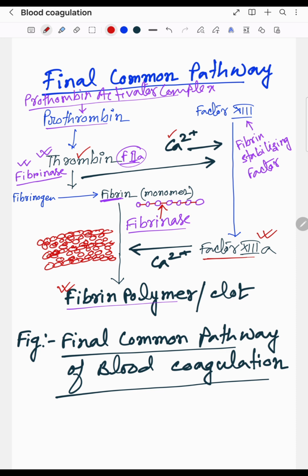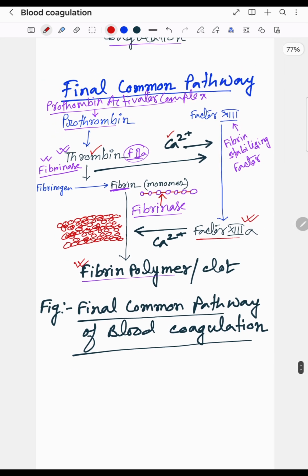Again, thrombin helps in the conversion of fibrinogen to fibrin, and also it produces fibrinase enzyme. What happens? Fibrin to fibrin polymer, and this bond is formed by the enzyme fibrinase, and this formation of fibrin clot or polymer will be stabilized by the fibrin stabilizing factor, that is factor 13A and calcium.